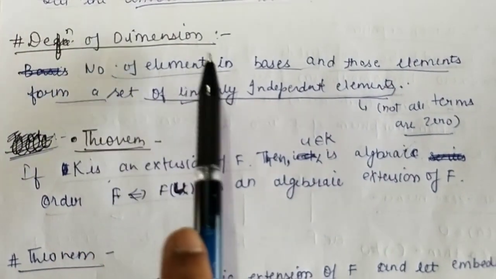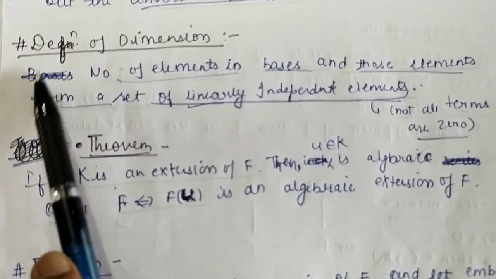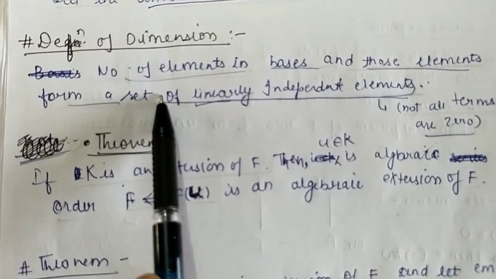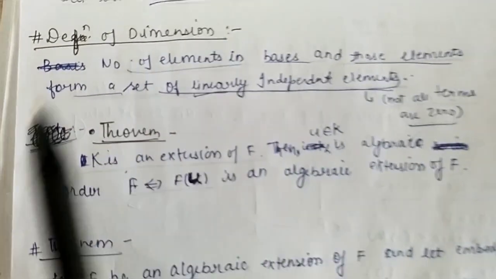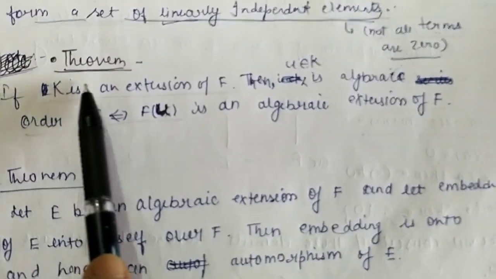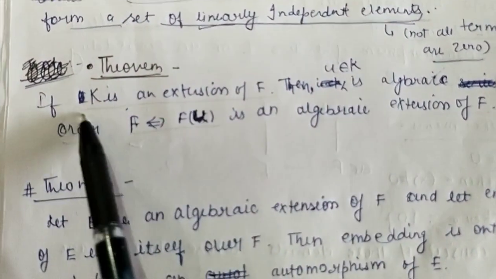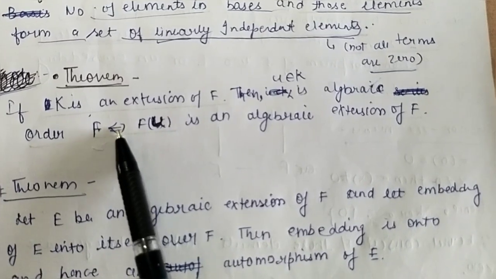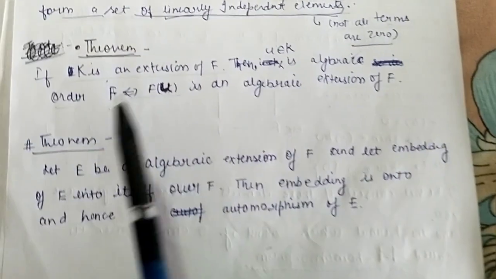This is called the degree or dimension. Not all terms are 0. Okay, what is the degree or dimension? The number of elements in a basis, which form a set of linearly independent elements, is called the degree or dimension. Theorem: if K is an extension of F, then u belongs to K is algebraic over F implies that F(u) is an algebraic extension of F.